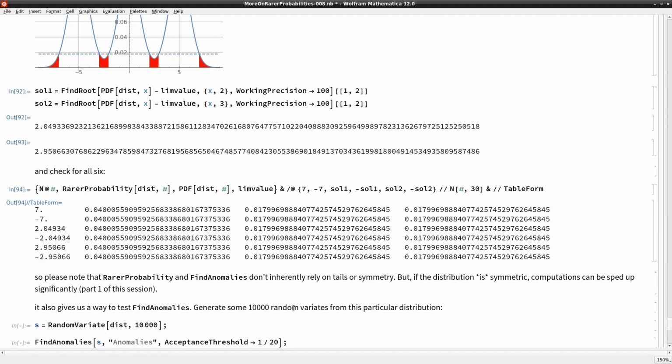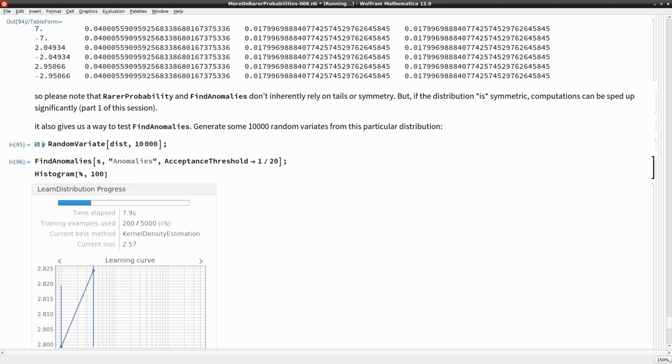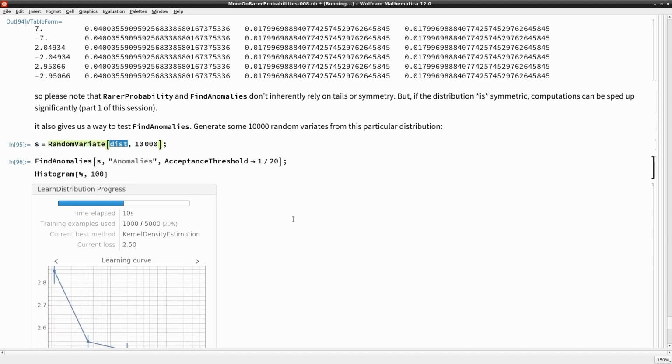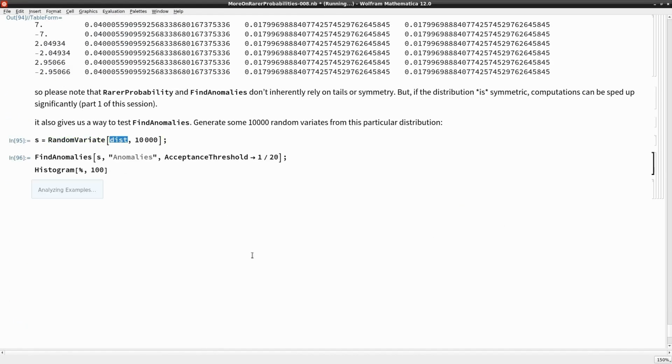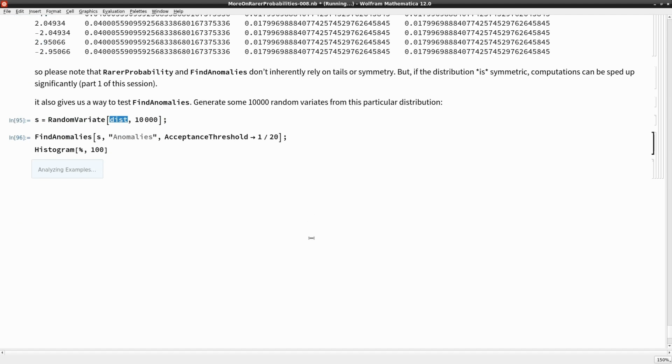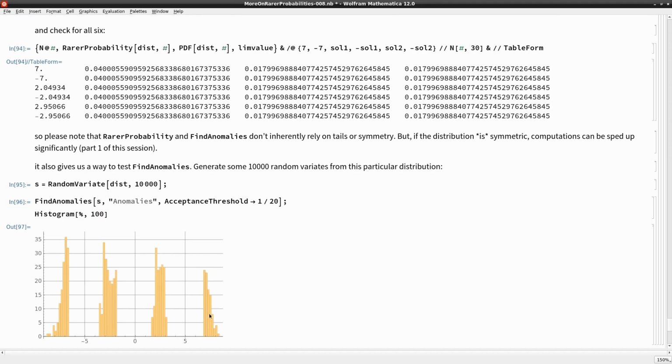So let's generate some 10,000 random variates from this particular distribution, and now let's use a histogram on the results of find anomalies, and you see that we have generated these random variates based off dist, and dist was defined as we have seen here with those 3 maximums, and we can clearly see this when we are now sampling this and using find anomalies in order to find where we can even have any samples that are possible in these subdomains.